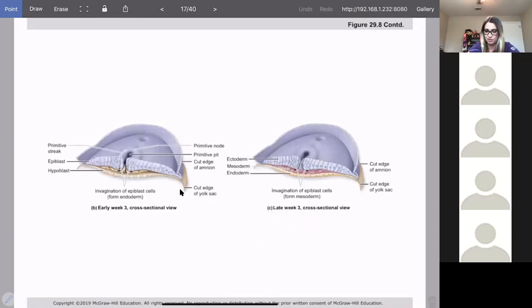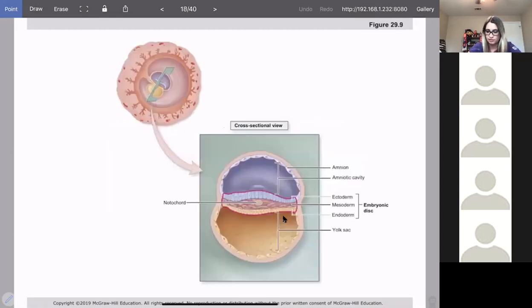Notice that mesoderm is forming right here, and this would be the trilaminar embryonic disc. At this point, here, it's bilaminar. And here we have trilaminar. We see all 3 germ layers here, and these are the cell lines. And then right here, you can see a cross section. This is the cross section, and this is the embryonic disc in the middle.